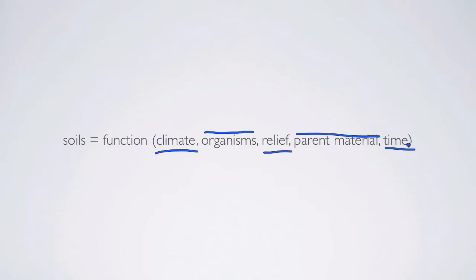His conceptual framework was essentially to say that these 5 factors affect soils independent of anything else that's going on. And if we want to understand the variation that we see in soils, you have to understand what the climate of the site is, what organisms are there, both plants and animals, for example, the relief, where it is on the landscape, what gave rise to that soil, what its parent material was, and lastly, how long it's been there.